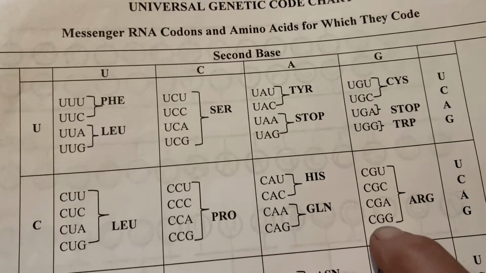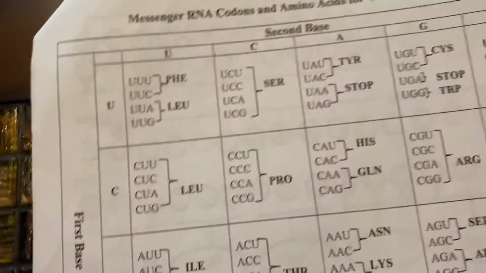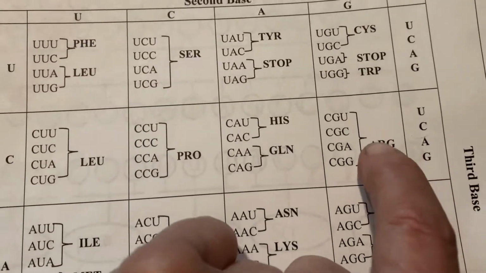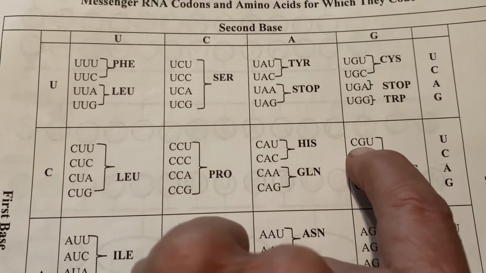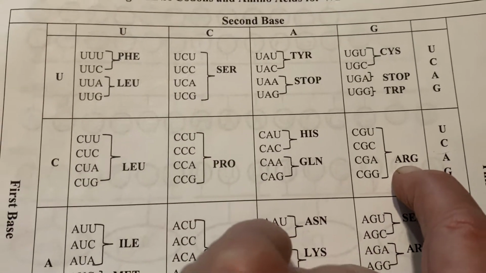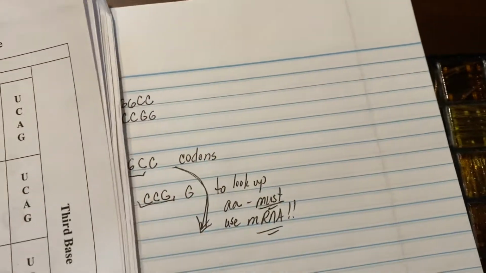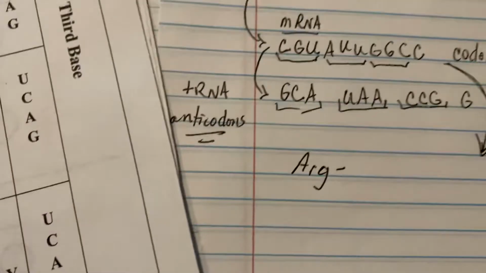Notice all four of these are CG. Now, my third letter was a U. So my third base, I already know I'm right in here, and they say if you're a U, you are CGU, and you correspond to the amino acid arginine. So when you are writing down your amino acids, you only have to write the code, and so the first one is ARG.